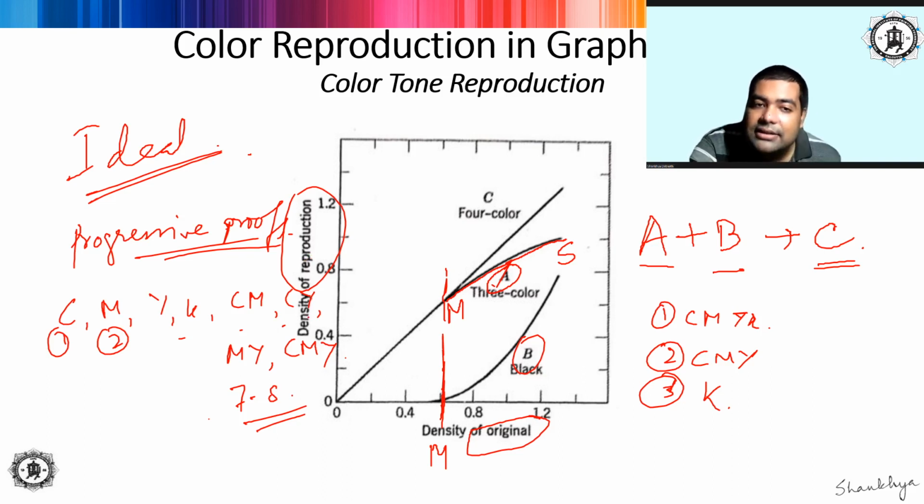Exactly from that region, we are adding the fourth black printer, so that the deficiencies that inherently exist in these three colors are overcome and compensated by the fourth printer, that is the black printer.